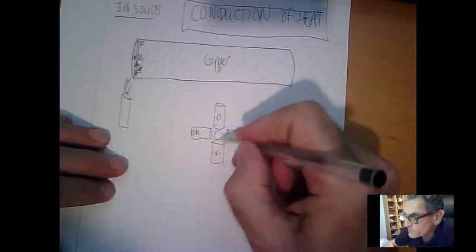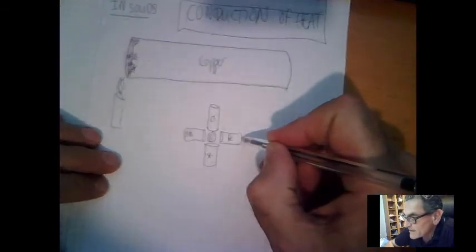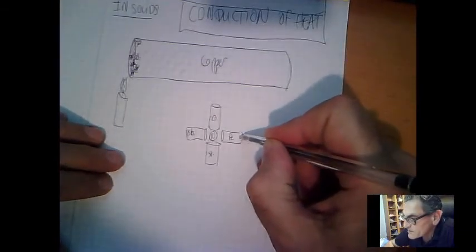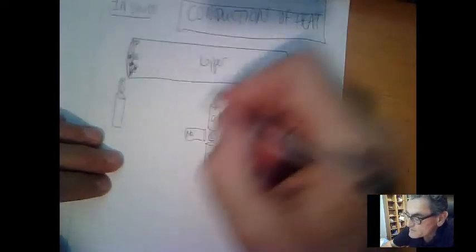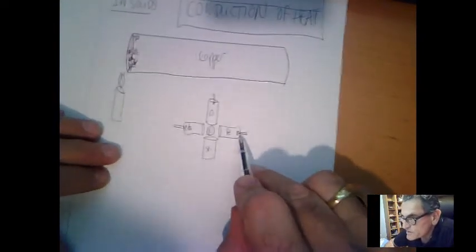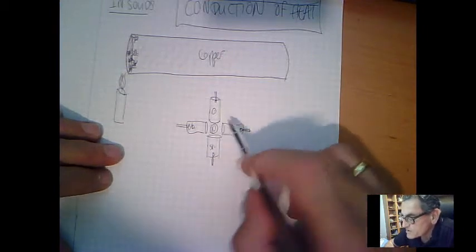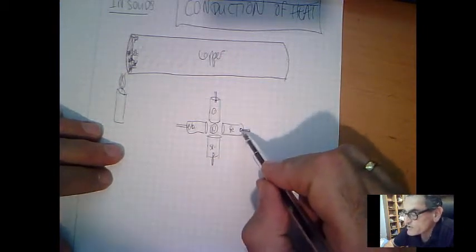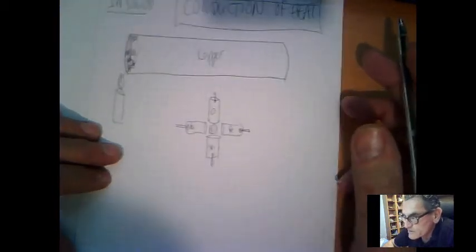You put here in the middle a flame, and here at the end of these pieces of metal, you put a match, une allumette, with the side of the match which burns touching the metal. So this means when the metal has reached a sufficient temperature here, the match will start burning.